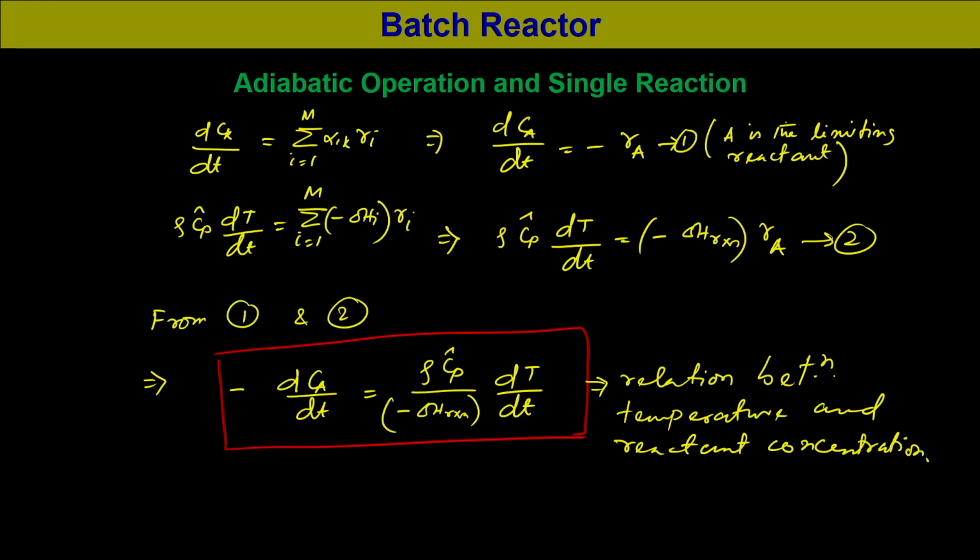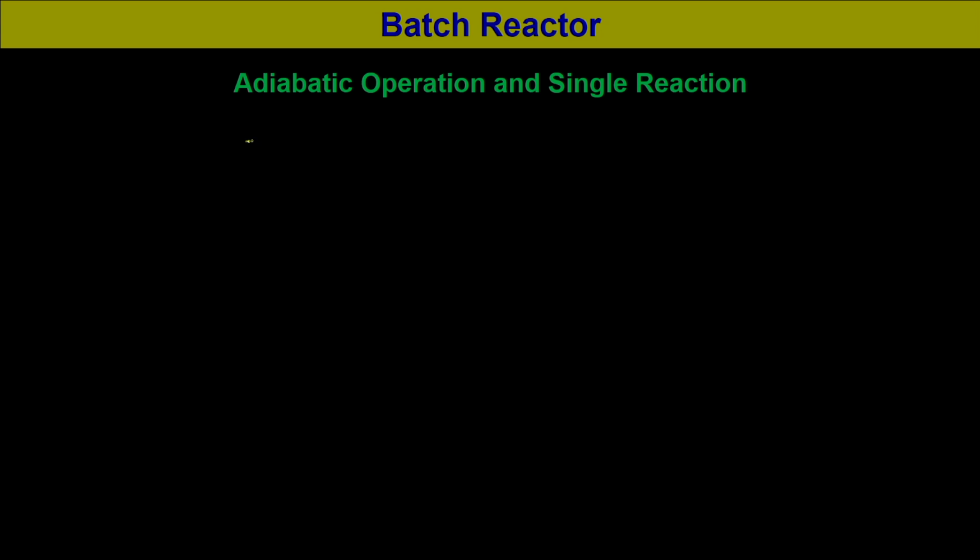Now, if we integrate this relation, we have minus dCA/dt is equal to rho Cp by minus delta H reaction dT/dt.